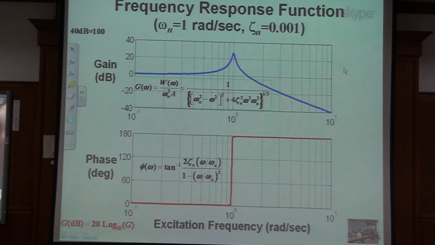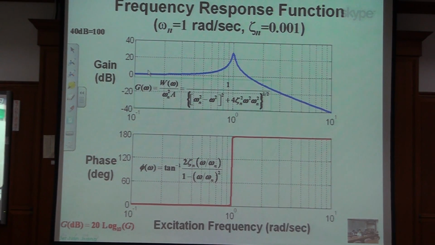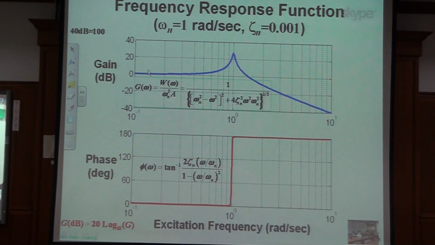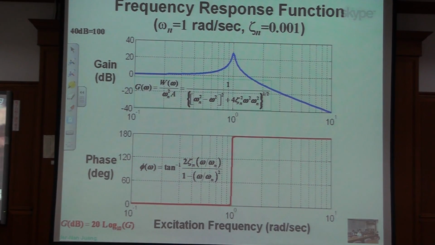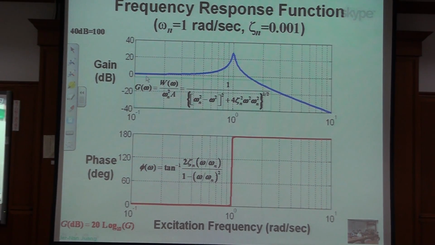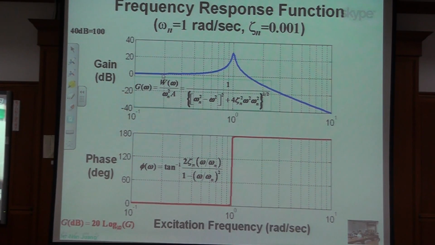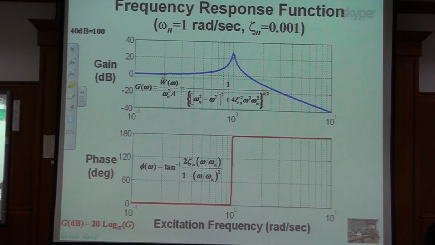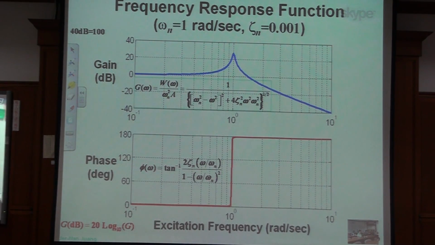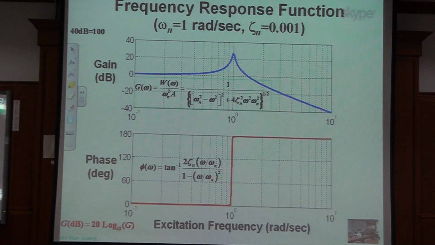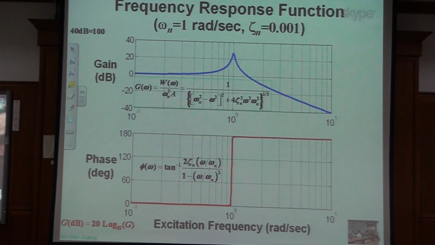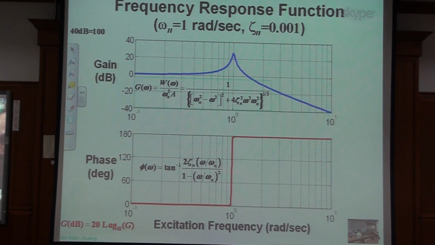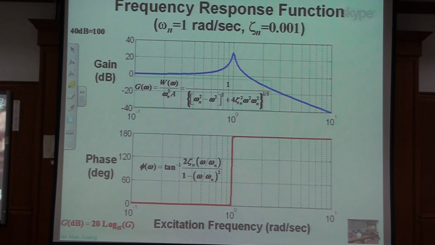And when my input frequency is much lower than my system frequency, my gain is also small, almost zero. So this curve has the property that if the input frequency and the system frequency are not the same, they will not oscillate, and then the gain will be small or even negative.